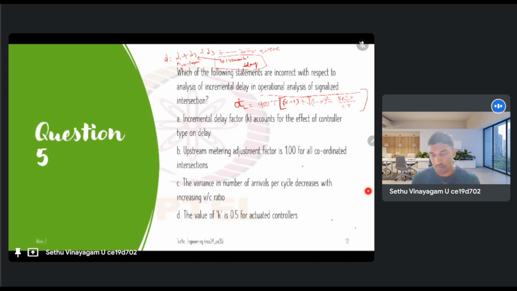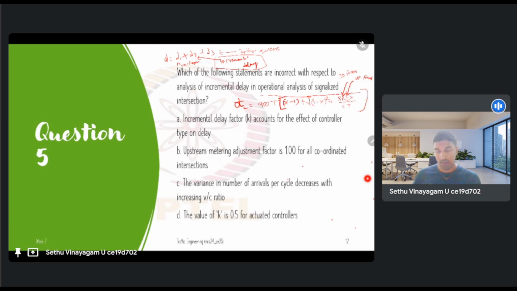Okay. So here are those two factors, K and I, right? So K is the incremental delay factor, I is the upstream filtering factor.